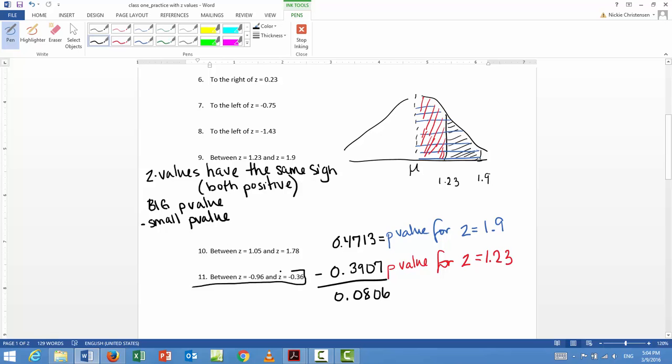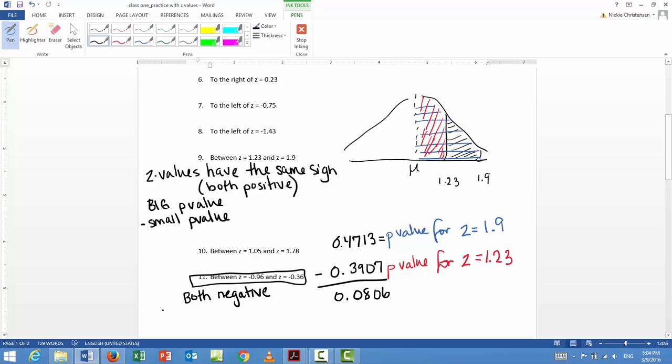This is the rule for solving a between problem when you have z values with the same sign. We would use the same process for this one. These are both negative, aren't they? So we would use this same rule: big p minus small p, because they're both negative.